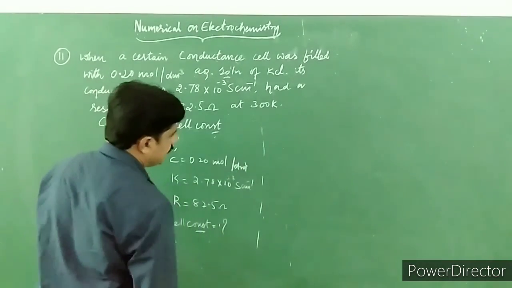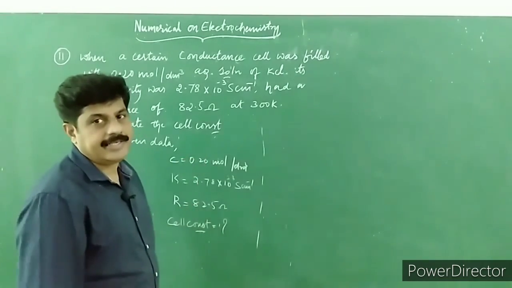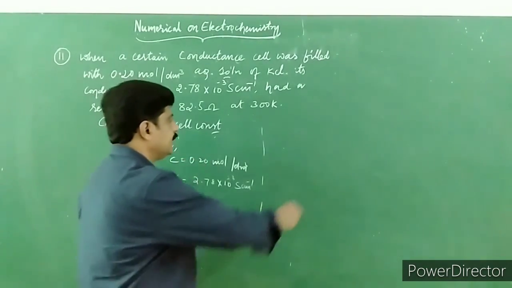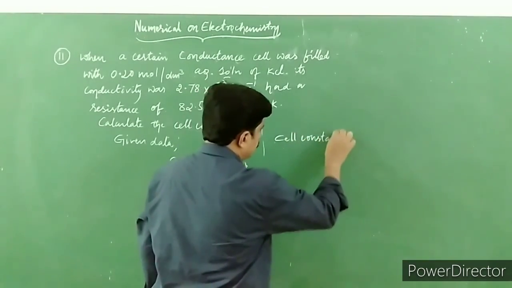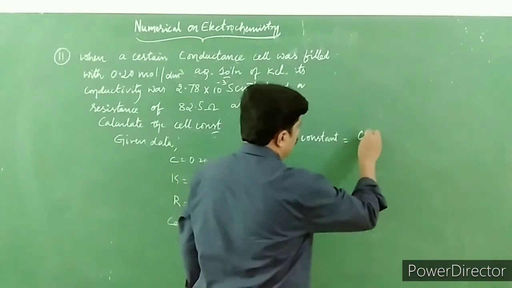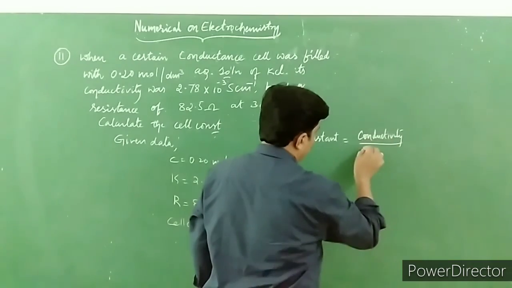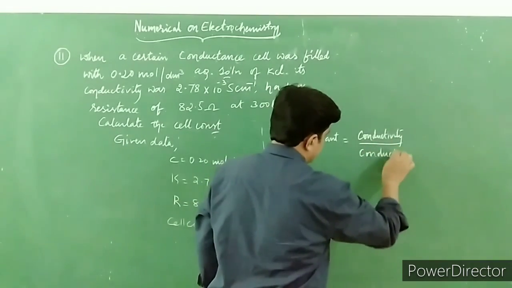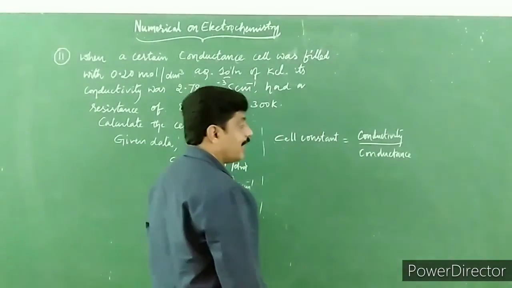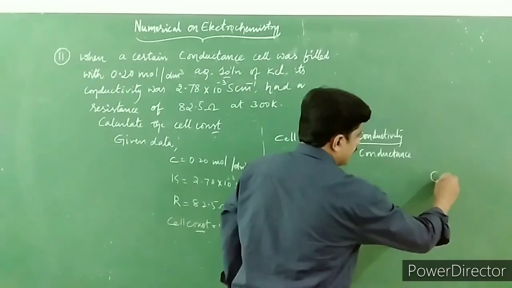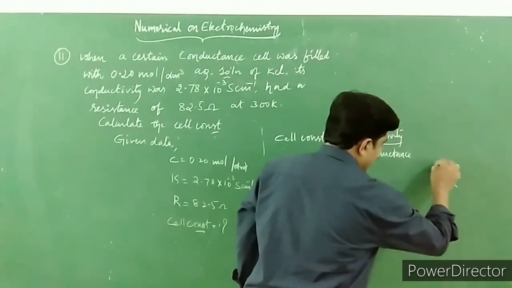Children, there is an expression between cell constant and conductance and conductivity. Let me write. Look at here. Cell constant, this you need to remember, is equal to conductivity upon conductance. Children, you are aware that conductance C is inversely proportional to resistance.